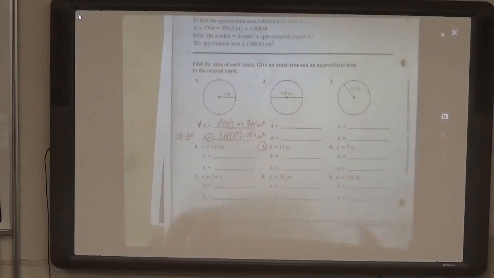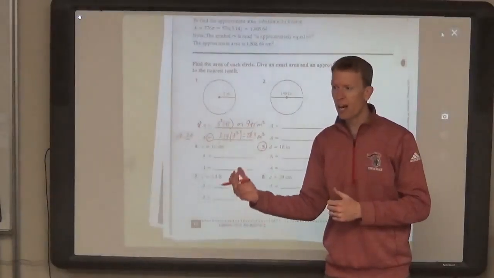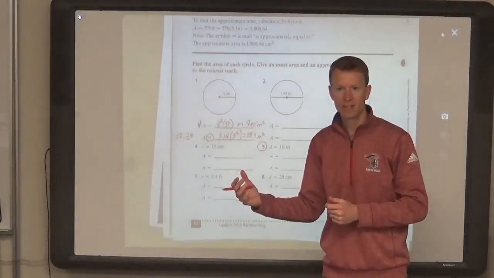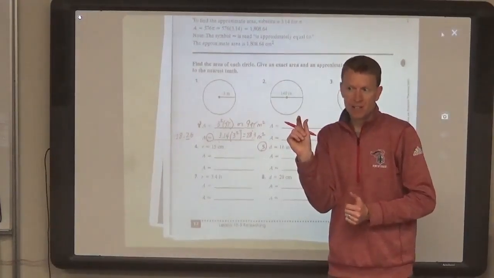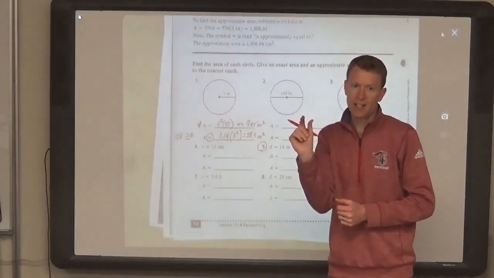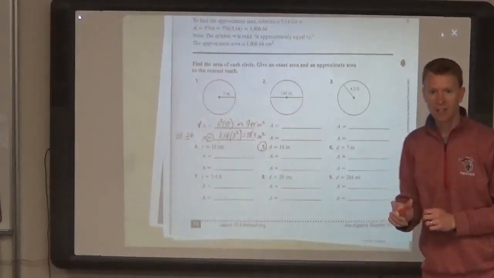So it starts with the diameter. Well, we can't use the diameter in our area formula. You have to use what? In the area formula, the diameter isn't in there. What is in there? The radius, right?